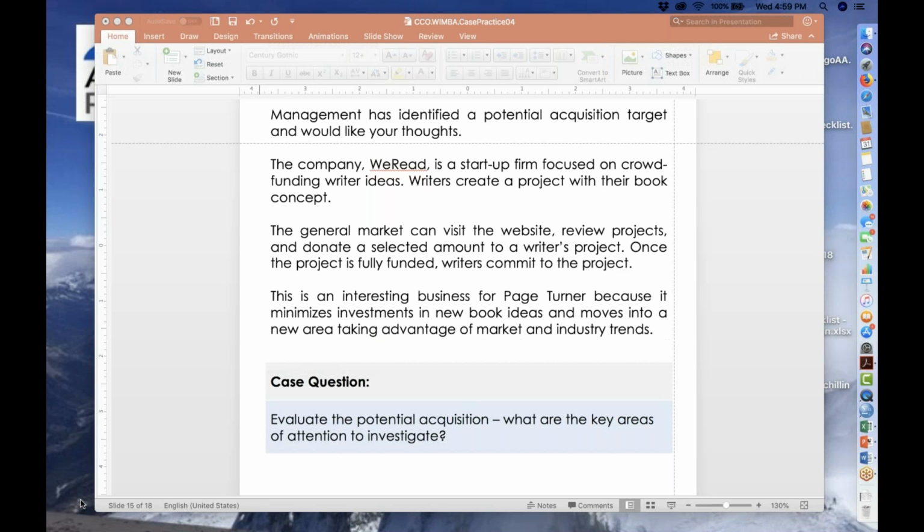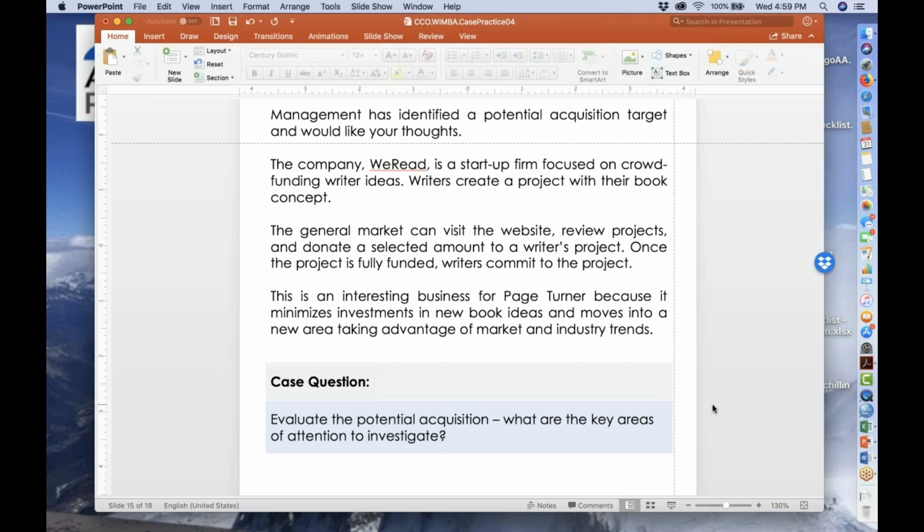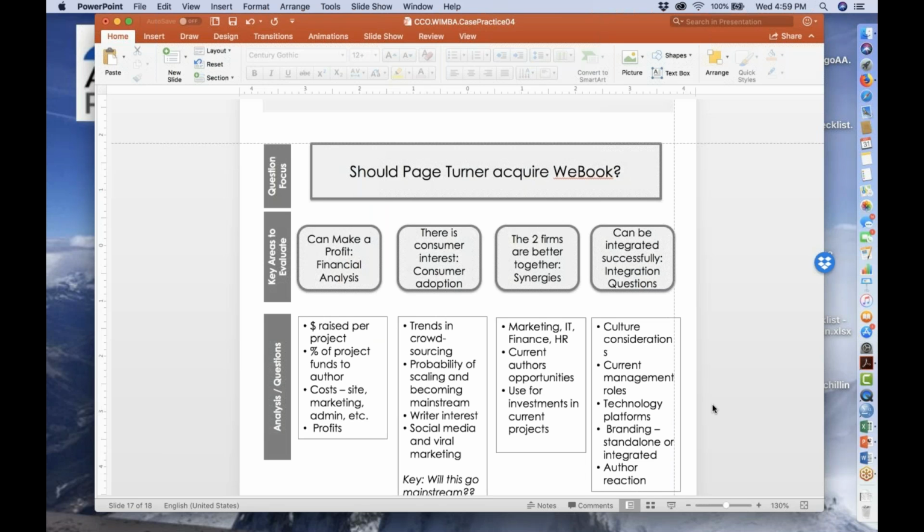These are really good, robust cases because you start thinking about entity one, entity two, the two of them together, and how probable it is that they could actually succeed together. And on top of it, you're trying to validate that this technology or the business model is even a good idea.